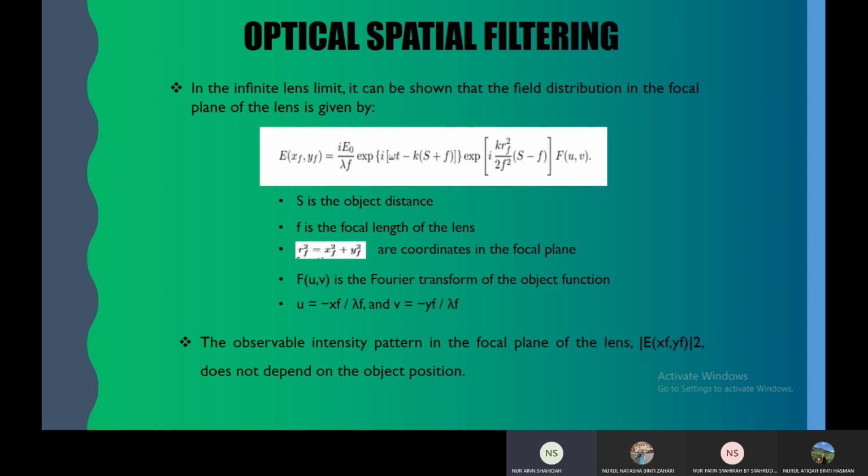F(u,v) is the Fourier transform of the object function, and u = −xf/λf and v = −yf/λf. The observable intensity pattern in the focal plane of the lens does not depend on the object position.